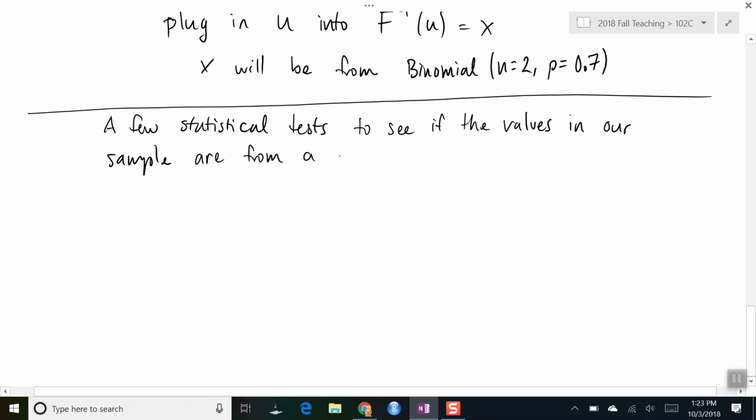A few statistical tests to see if the values we produce, the values in our sample, are from a specified distribution.